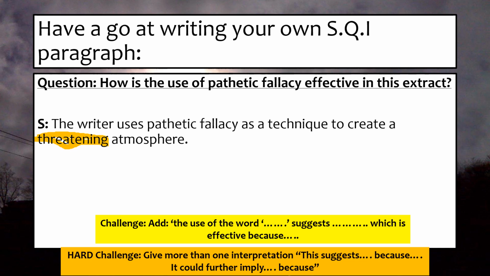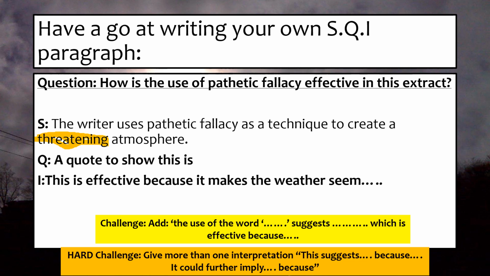It could be a sinister atmosphere, it could be a terrifying atmosphere, as long as you have a quotation to support your point. And then a sentence starter for your quotation to fit it in. A quote to show this is, remember your quotation marks when you are copying your quote down.